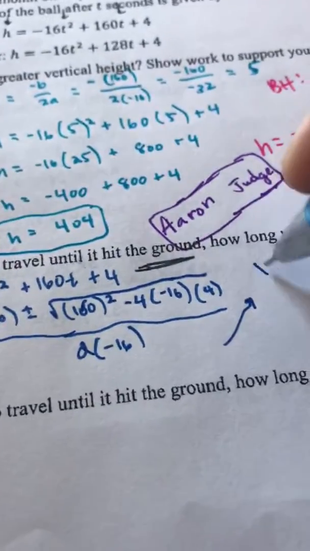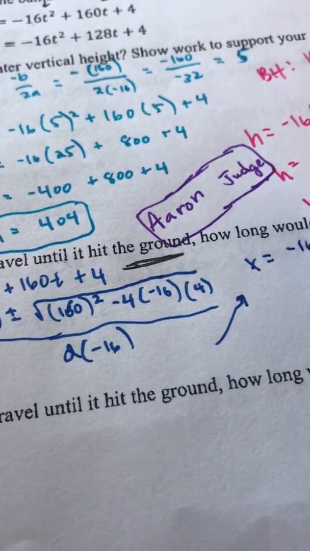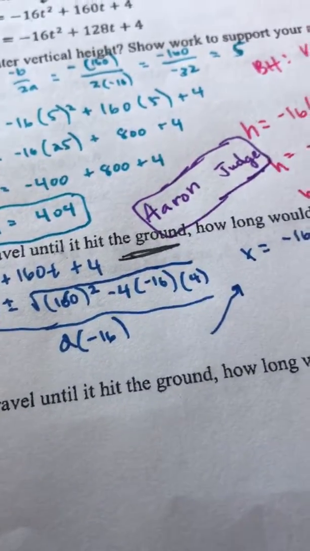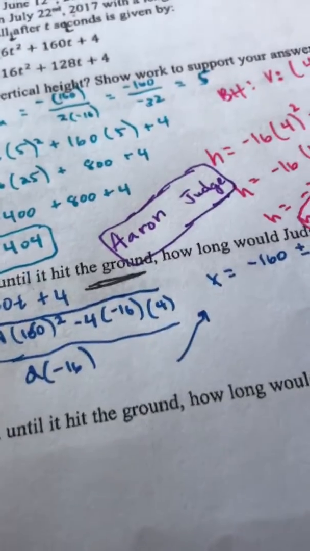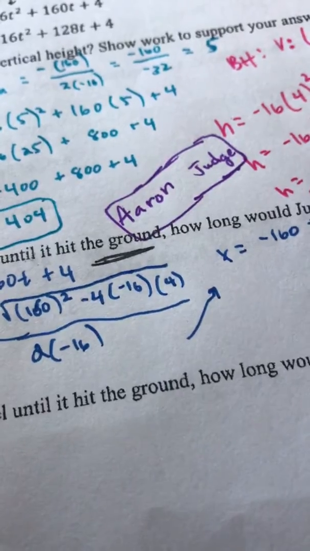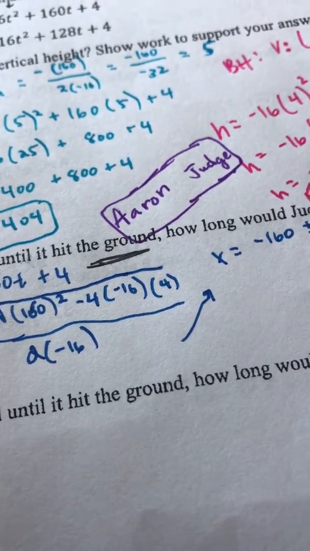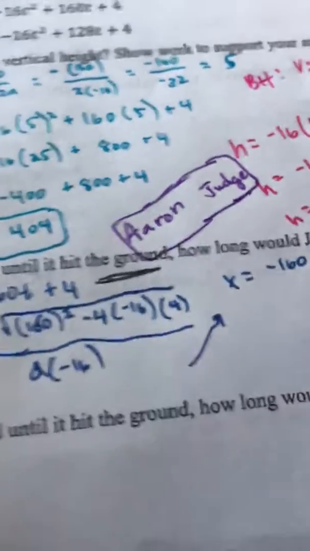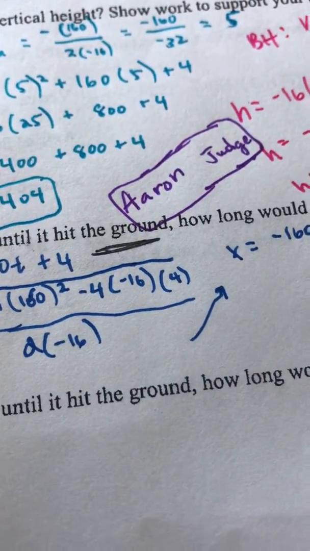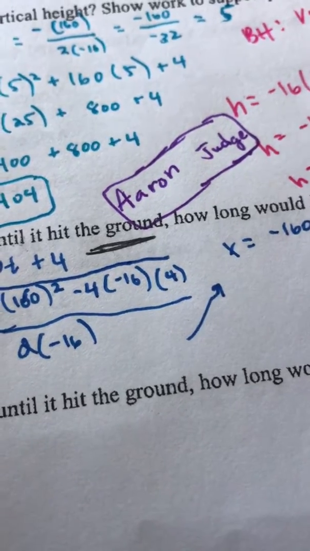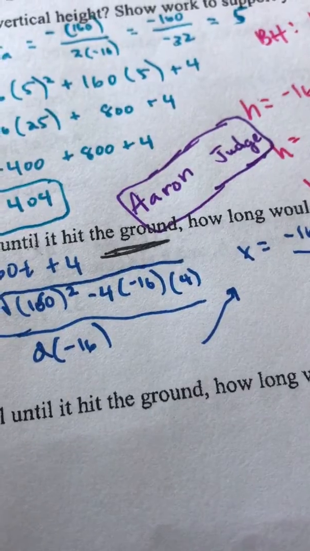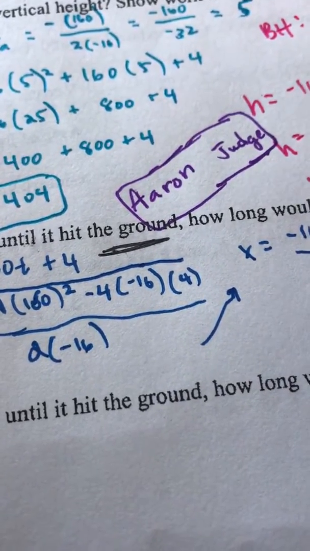So x will equal negative 160 plus or minus the square root of 160 squared, which is 25600. And then it's going to end up being plus because we have a negative times a positive, so plus 256. Hopefully I'm doing all these calculations correctly.